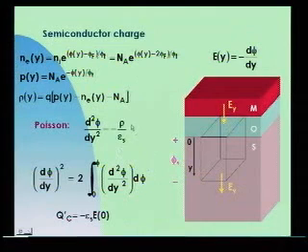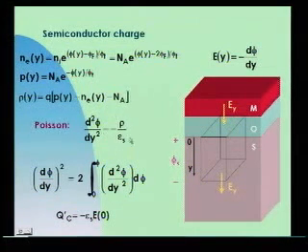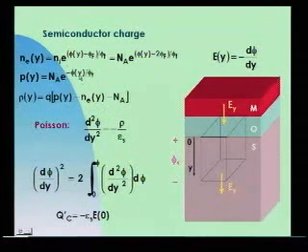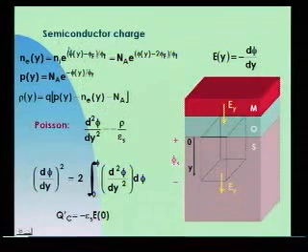And as it's the volumetric charge density in the material, I must evaluate it by evaluating the carrier concentrations with respect to the potential in the y direction, the vertical direction.